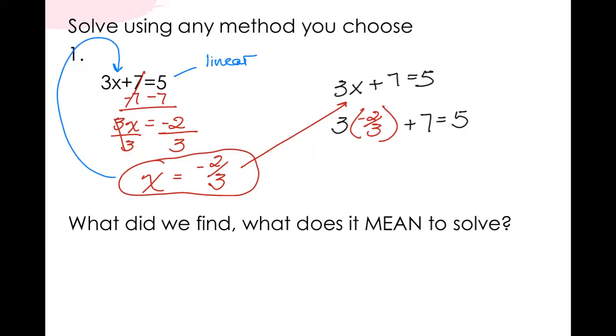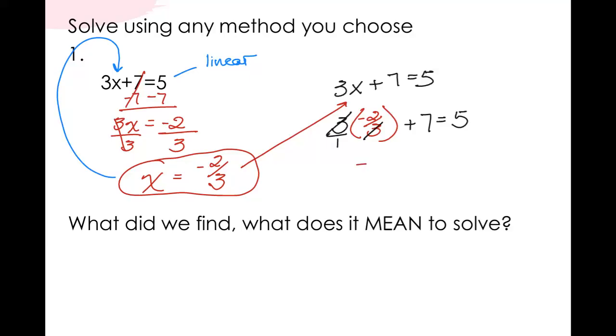So what did you get when you substituted that value back in? Negative 2? Just negative 2? Negative 2 plus 7 equals 5. Yeah, if I continue to work this out, my 3's would simplify out.